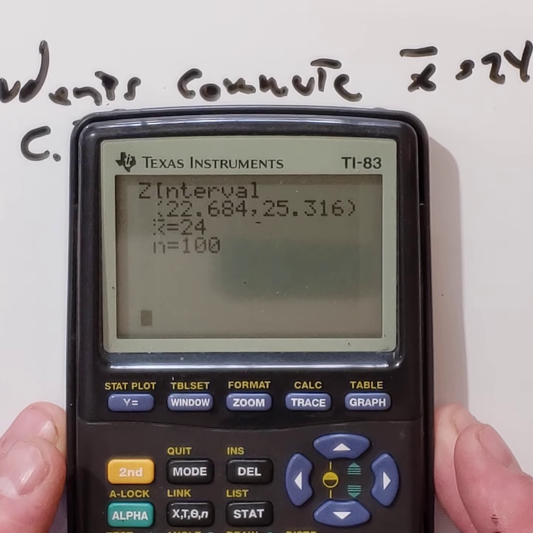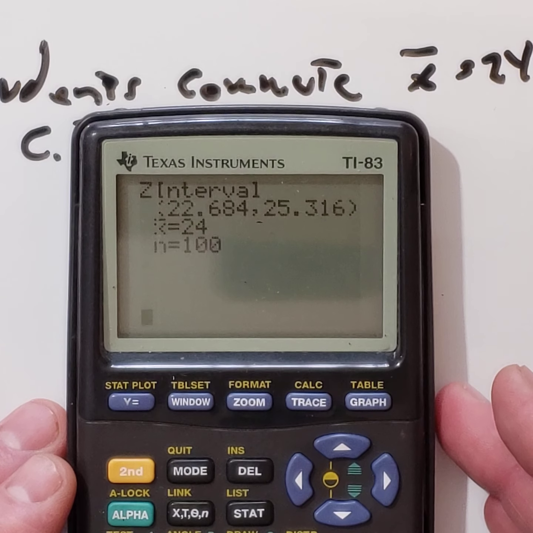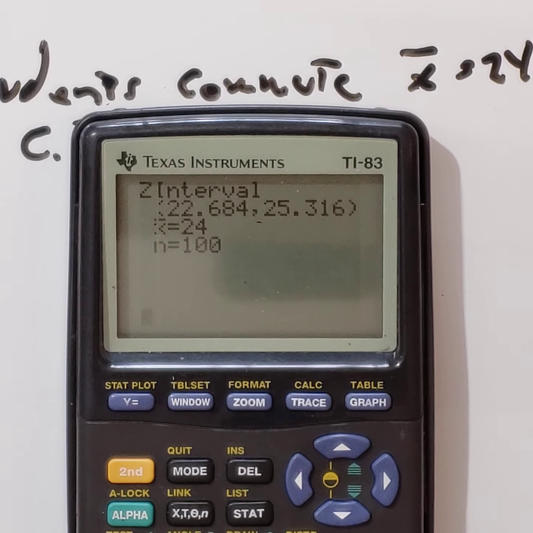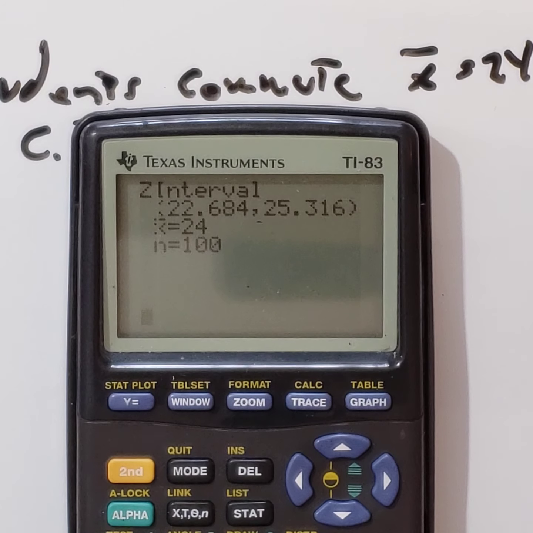And we get an interval from 22.7 to 25.3. So we're 90% sure that the actual average commute time for Jefferson College students is between 22.7 and 25.3 minutes.